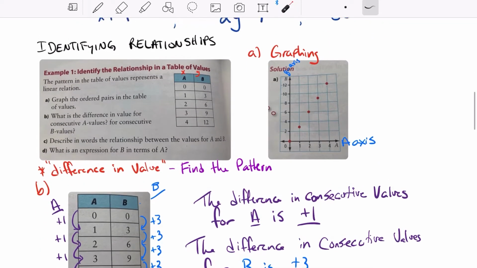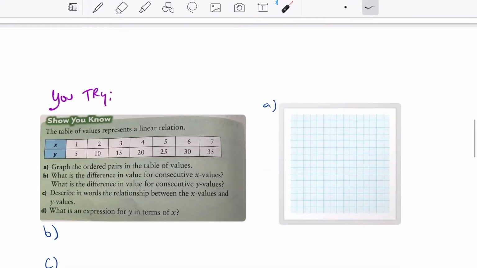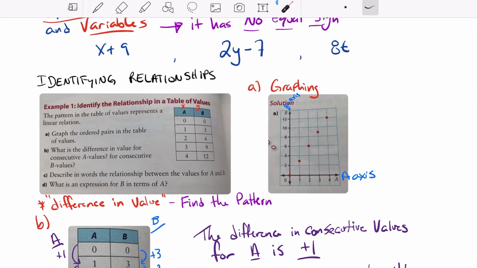In this particular chapter, we're identifying relationships in tables of values and in graphs. We did this last time. Here it says the pattern in the table of values represents a linear relation. Graph the ordered pairs in the table. We're not going to worry too much about that here, but I have the answer right here. Here's the graph.